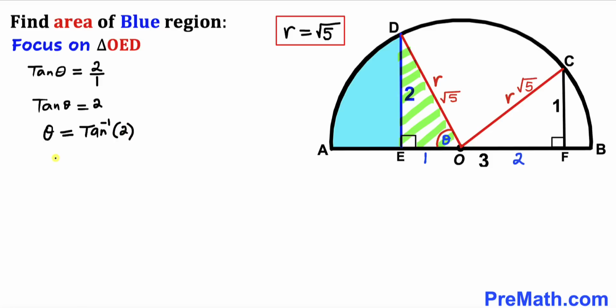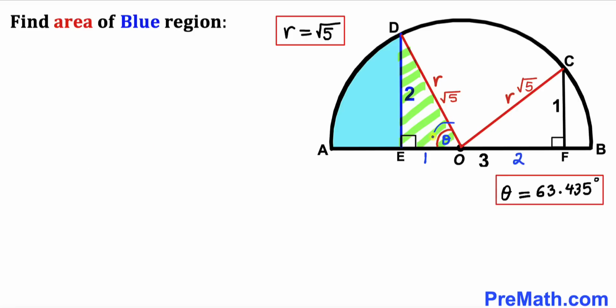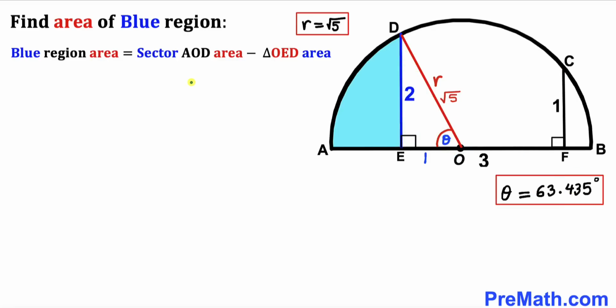If we use the scientific calculator, angle theta is approximately equal to 63.435 degrees. So this angle theta turns out to be 63.435 degrees. And here's our next step. Let's make an observation.